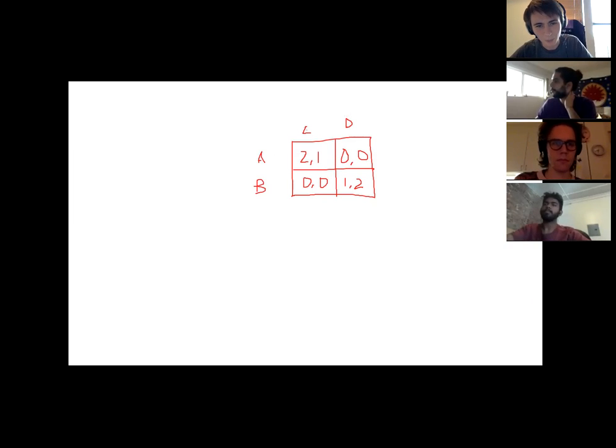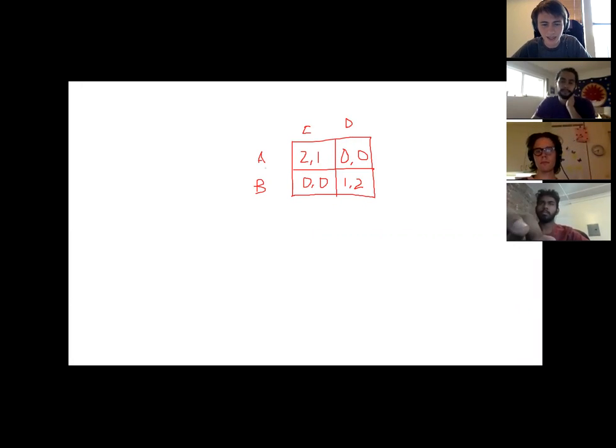We are trying to find the Nash equilibrium, the weights we're going to place: how often player one is going to play A, how often player one is going to play B, and how often player two is going to play C, and how often player two is going to play D, right? Does that make sense?